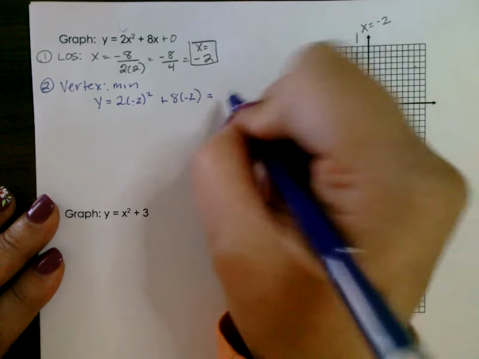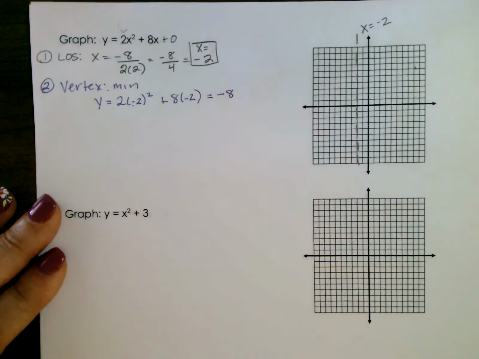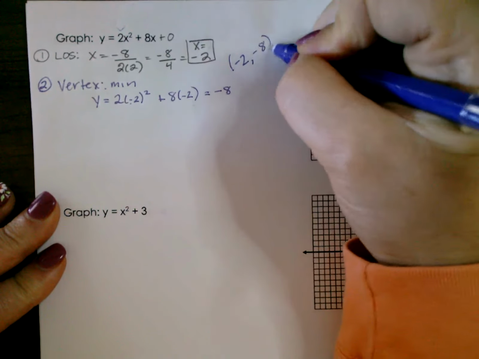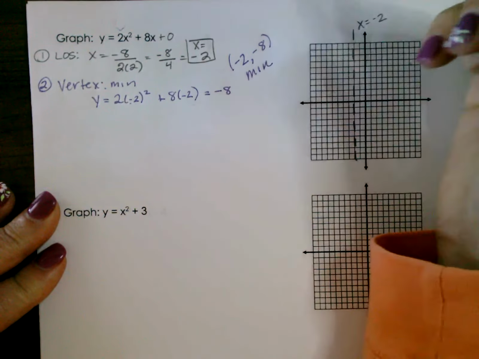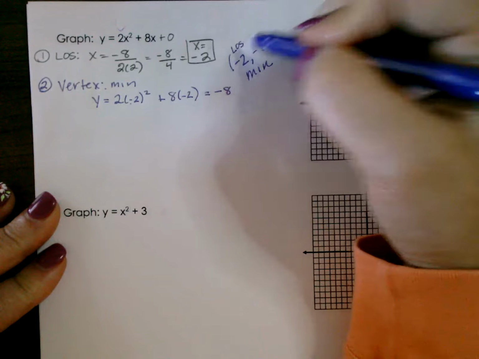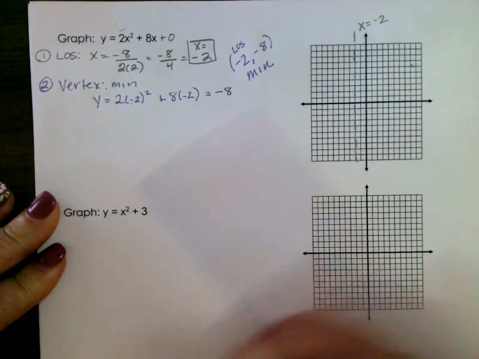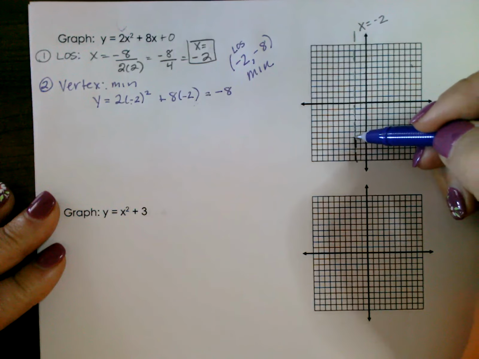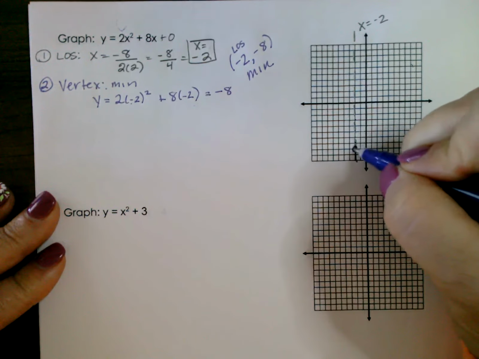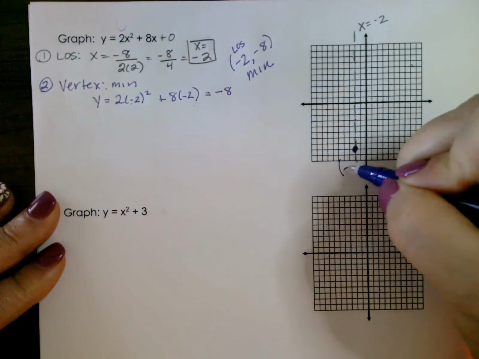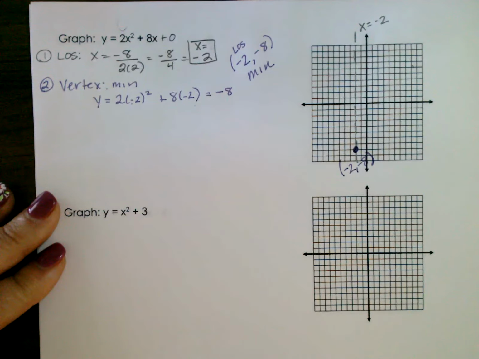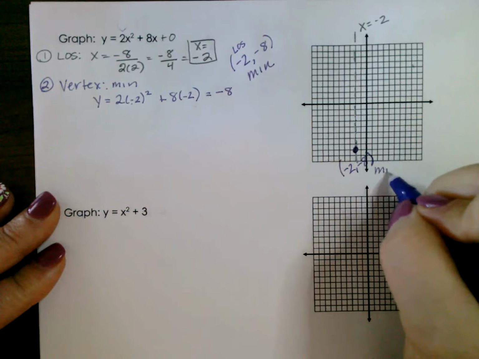That would be -16, so I end at -8. My vertex is (-2, -8). It is a minimum. I get the -2 from the line of symmetry. So 1, 2, 3, 4, 5, 6, 7, 8. Right there. (-2, -8) is my vertex. It is a minimum.